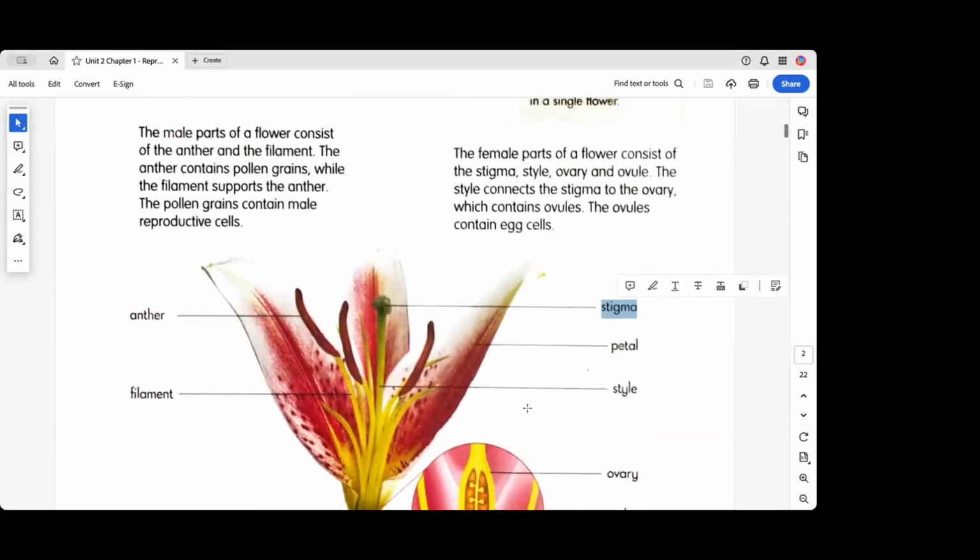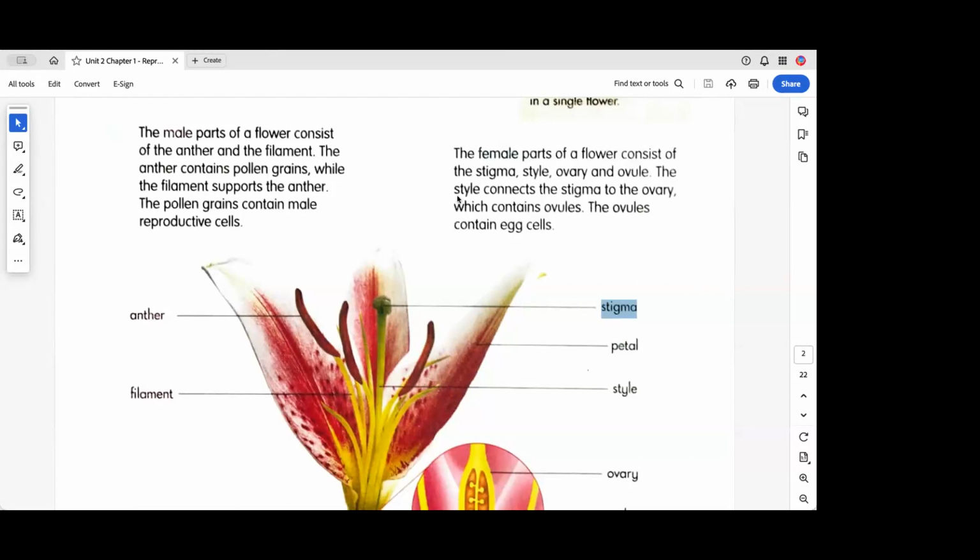The male part of the flower consists of the anther and filament. The anthers contain pollen grains, and that is how the bees get the pollen grains stuck onto them and carry them to another flower for reproduction.